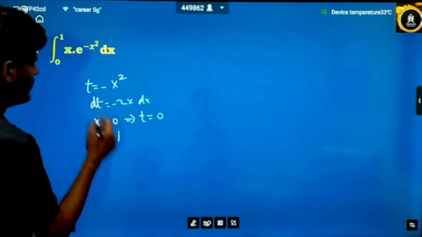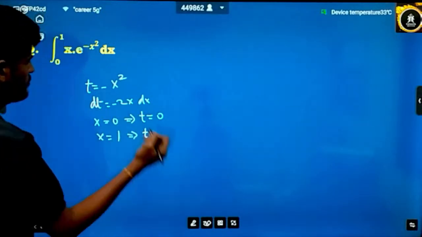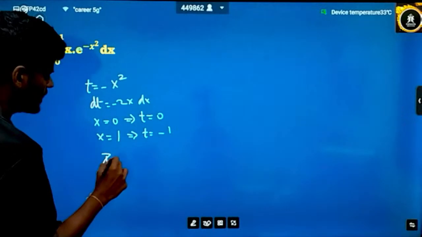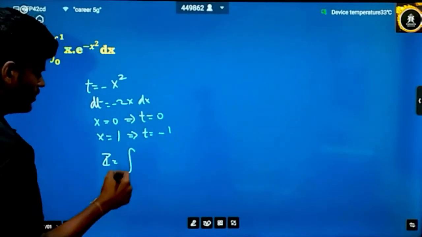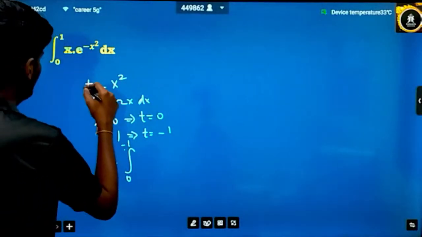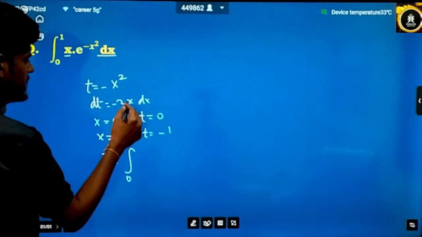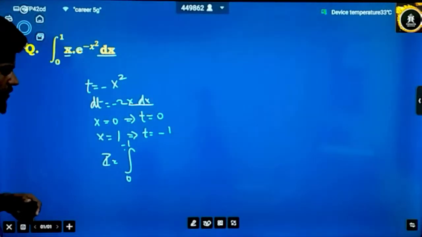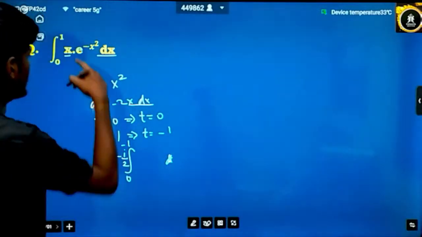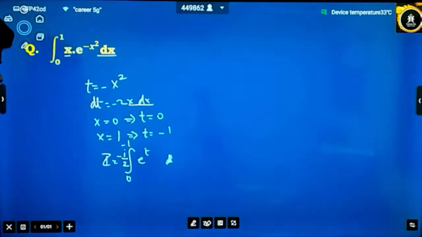When x is equal to 1, the upper limit, t is equal to minus of 1 square, that is minus 1. That means the integral will become the integral with lower limit 0, upper limit minus 1, of, since we have minus 2x dx, x dx will become minus 1 by 2 dt, and inside we will have e power t.